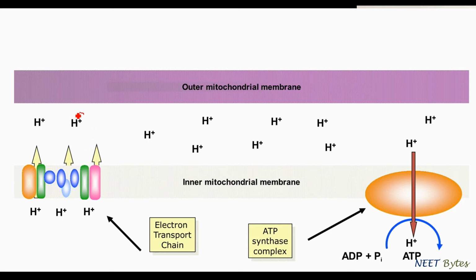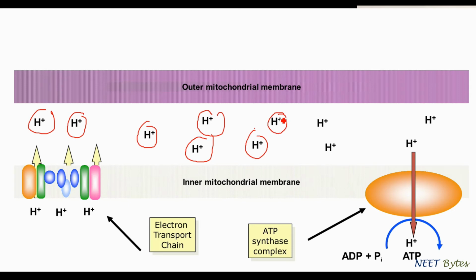So have a look at this. What we are seeing is that due to the electron transport system, this H ion is actually being transported into the perimitochondrial space, and there is a higher concentration of H ion with reference to the matrix. The electrochemical gradient wants the H ion to come inside, and there is only one place where it can come, that is ATP synthase.